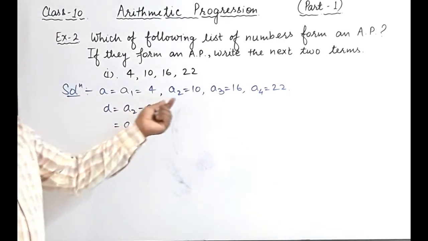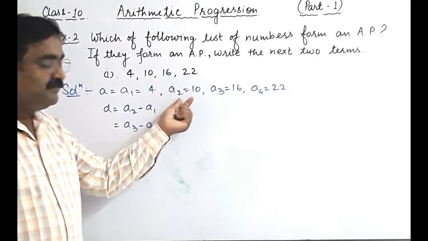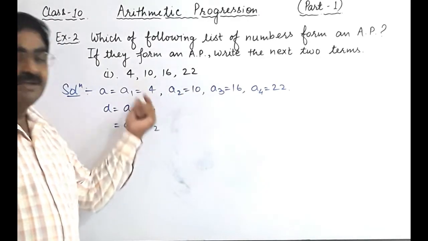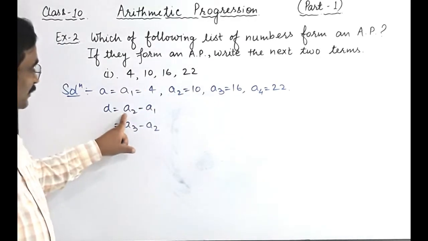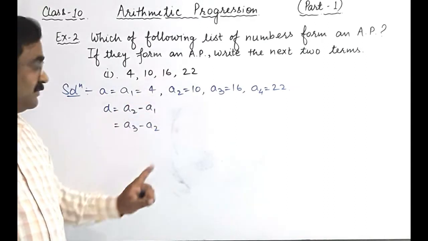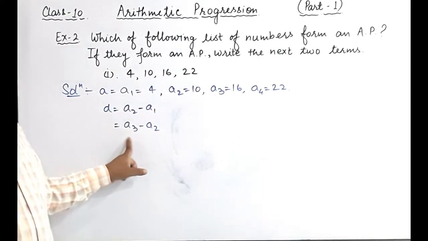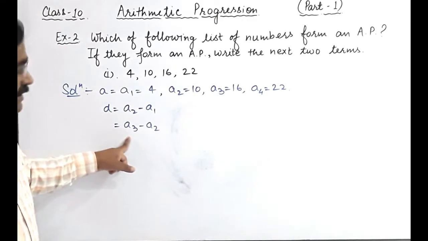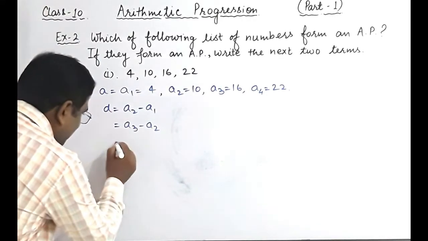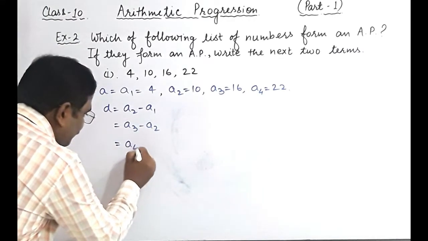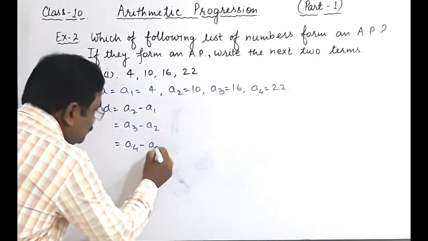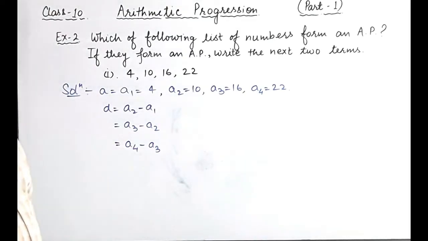It means you have to subtract the preceding term from it, like a2 minus a1, second term minus first term, or a3 minus a2, third term minus second term, or a4 minus a3. If these values come out the same, then this series is an arithmetic progression, otherwise it is not.